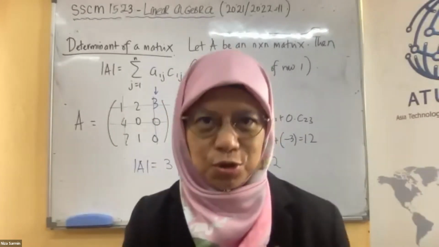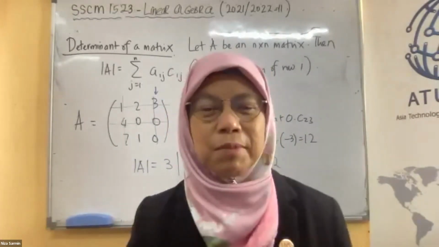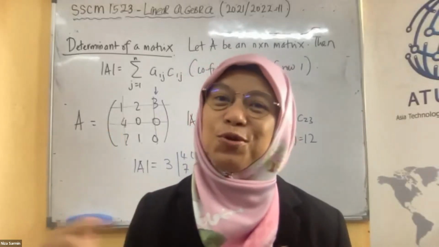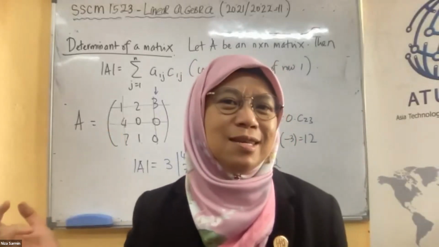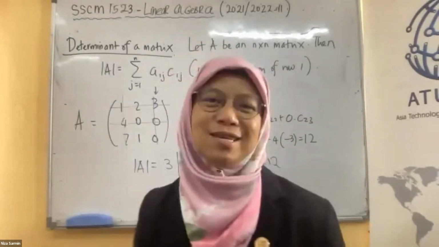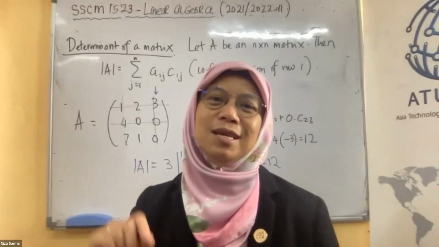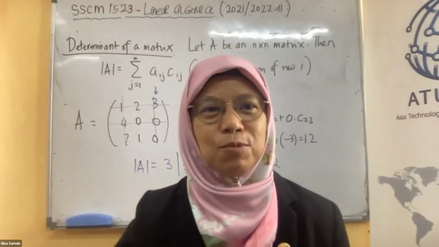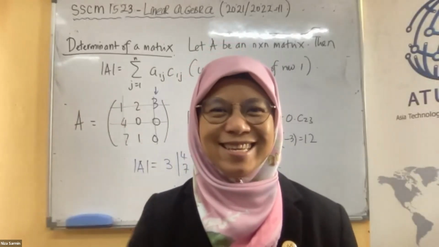The calculation is not unique, meaning there are many ways to find it, but the determinant has only one answer. Just now, row reduced and row echelon matrices are not unique, but the rank is unique. Yeah, the rank is also unique. Determinant is also unique. Okay, can you lower your hand, or any other questions?